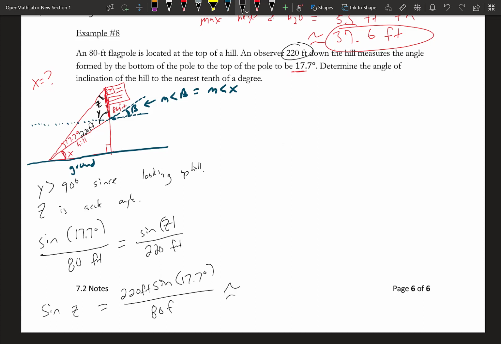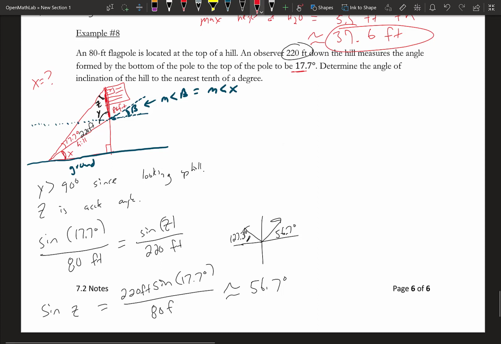So this comes out to be approximately 56.7 degrees, right? So again, in general, we're going to have two options for sine. This would be 56.7 degrees, and this one would be 180 minus 56.7, which is 123.3 degrees.